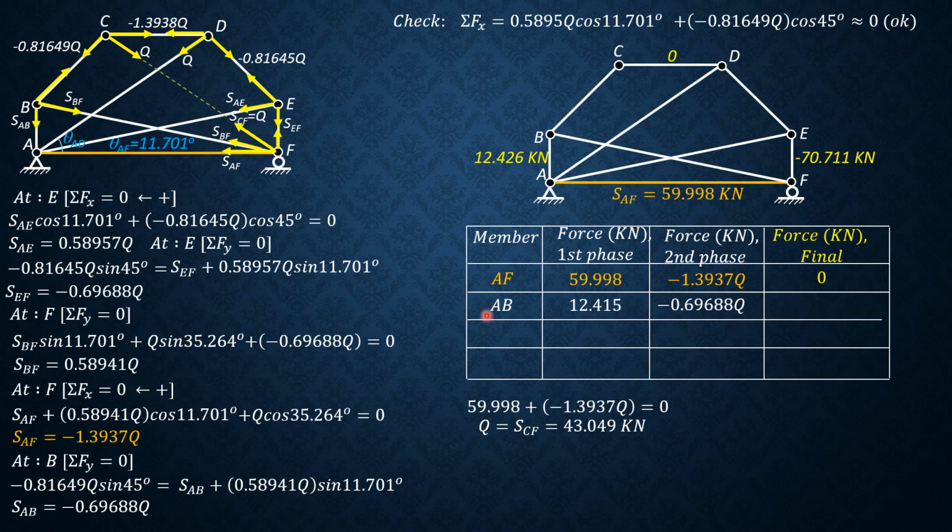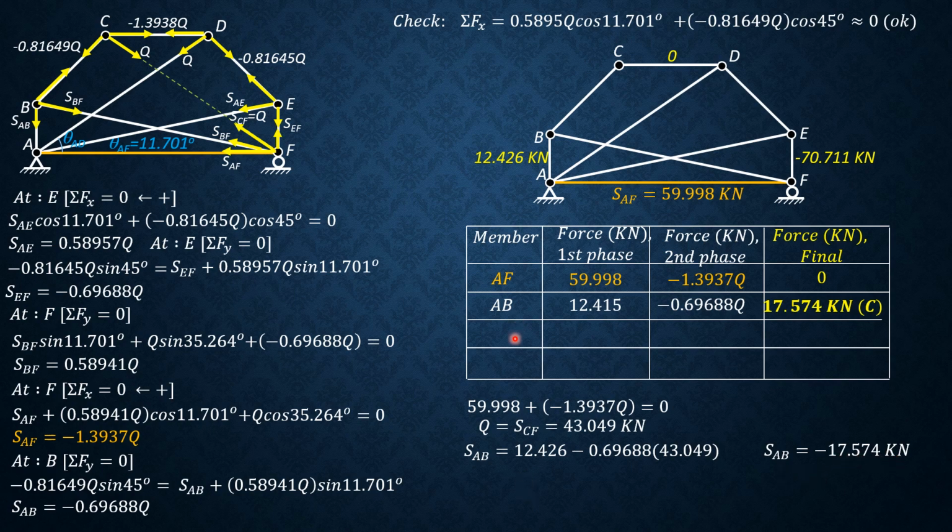In other words, SAB is 12.415 plus negative 0.69688 of Q, which is 43.049. That's the final bar force. And that is equal to negative 17.574, which is the same as before. So therefore, SAB is 17.574 kilonewtons compression. Same answer as in the first part.